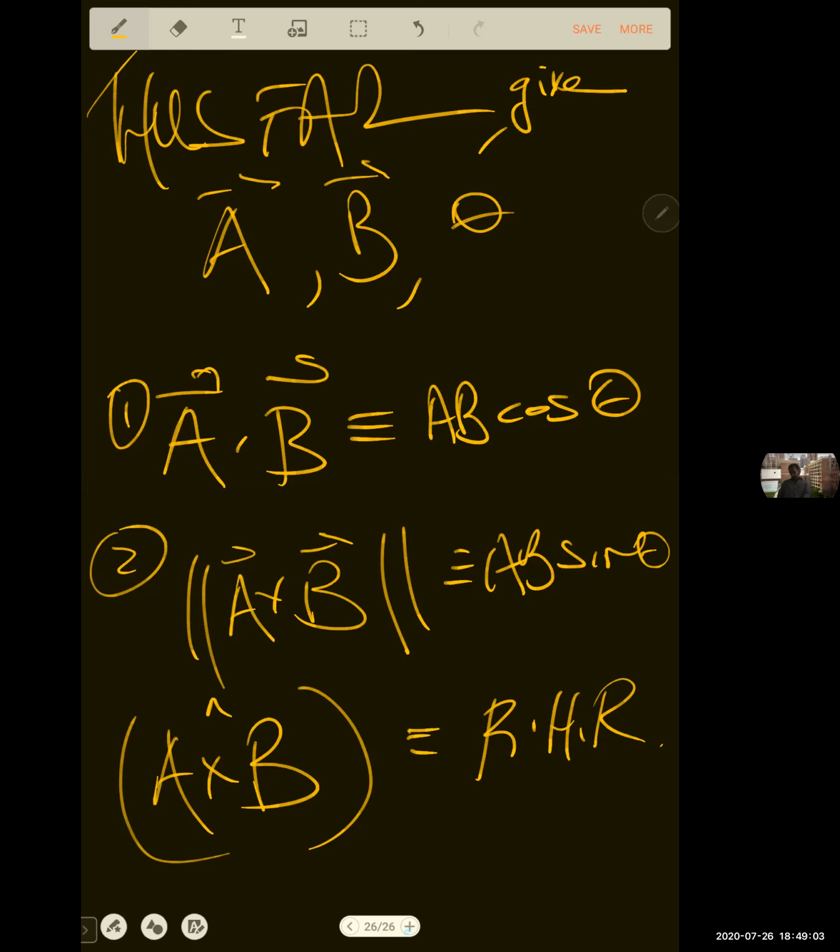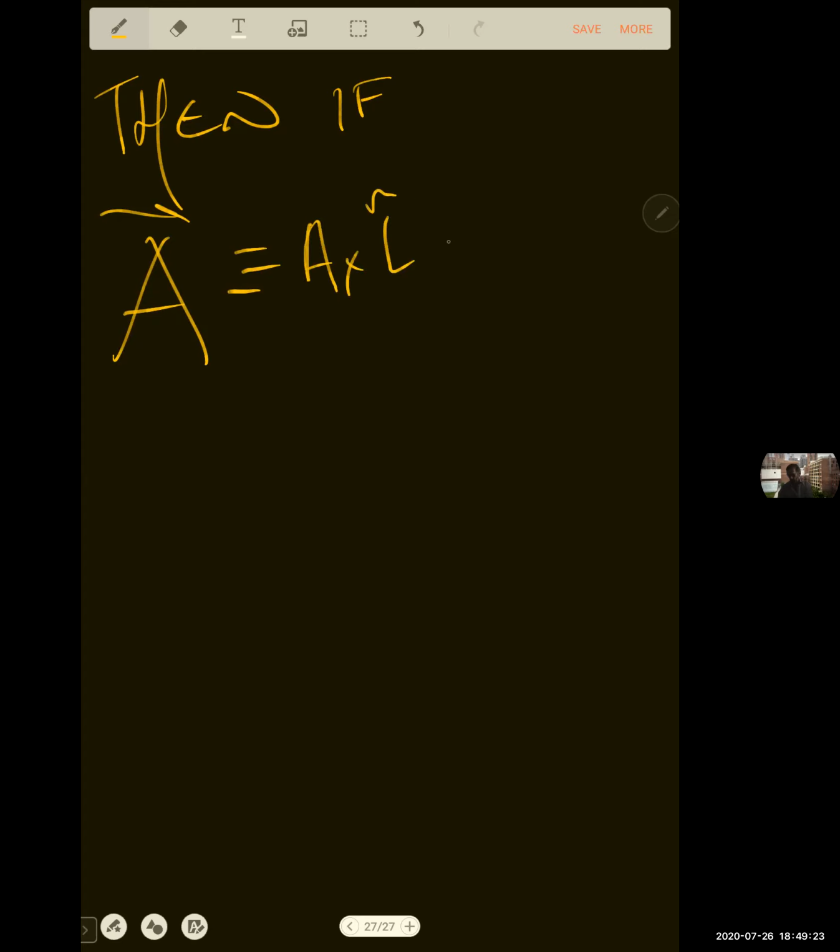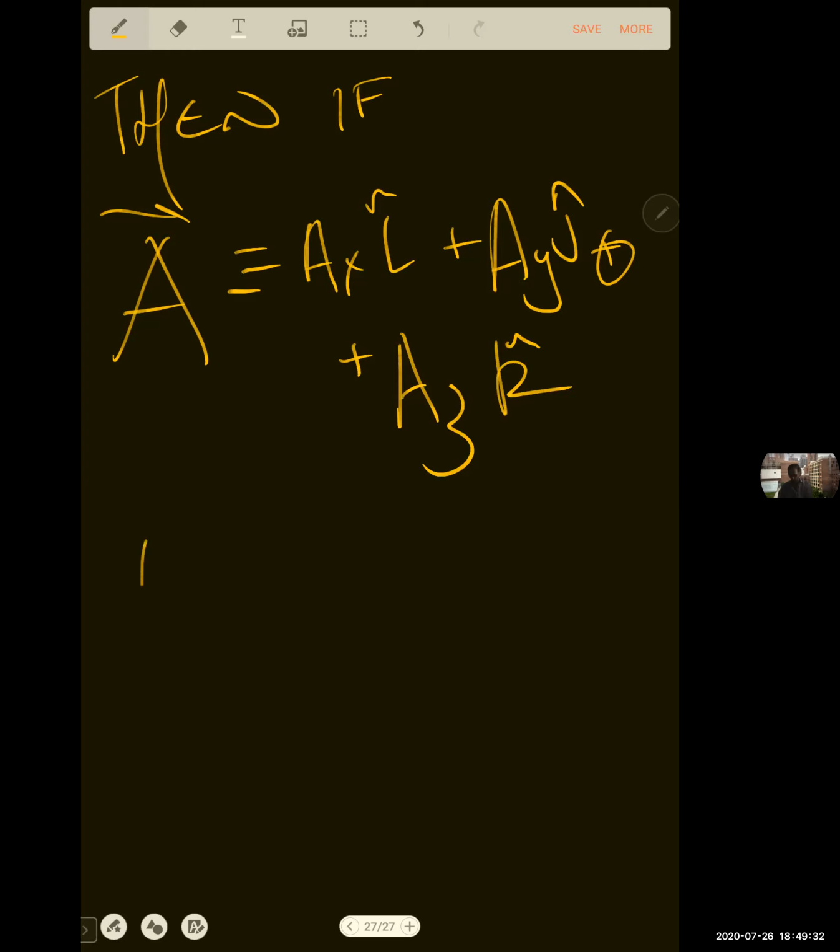So what does that finally mean? It means if A and B are written in the form that we have today, not written in terms of theta, but A is written as some amount plus some amount plus some amount, and this is the way B is written.